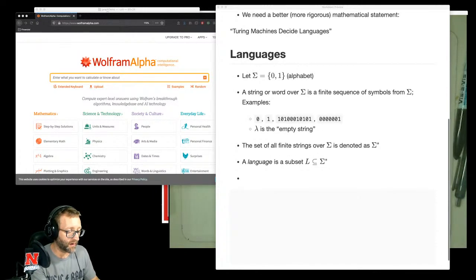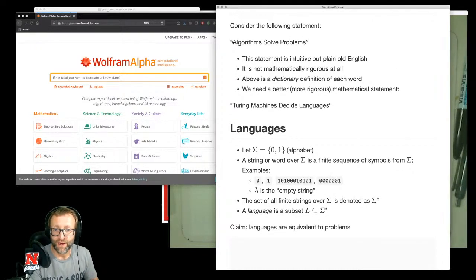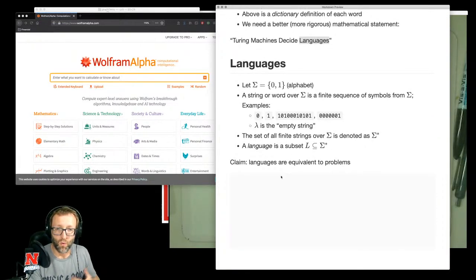My claim here is that languages are equivalent to problems. That's what we started out with. I wanted to say that these 3 terms, algorithms solve problems, are equivalent to Turing machines decide languages. So we're starting out with problems and languages. Why is it enough to consider languages when you're trying to talk about problems?